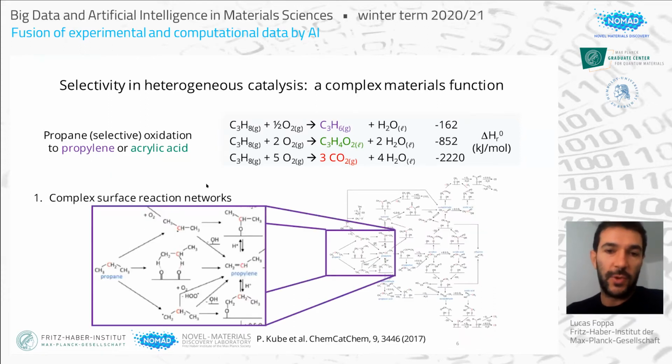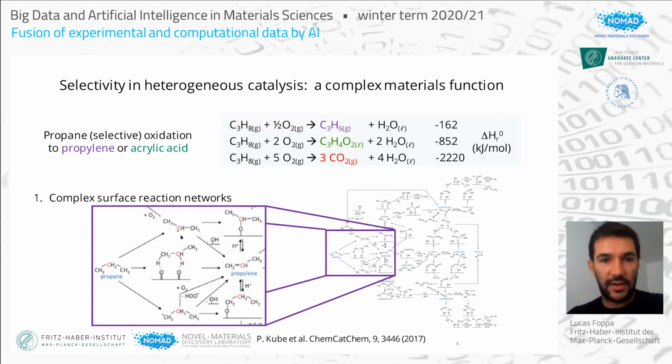So first, we have very complex surface reaction networks. When I show this first catalytic cycle with one intermediate, this is rarely the case. In real systems, and especially in the case of this reaction, we have a series of reactions that can take place. And here I'm showing you, we don't need to go to the details, how complicated these surface reactions can be.